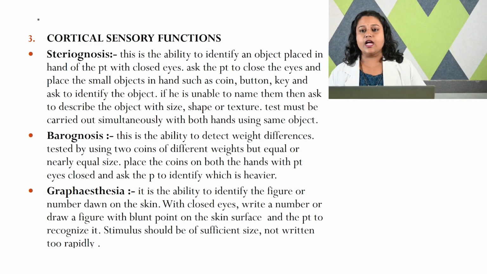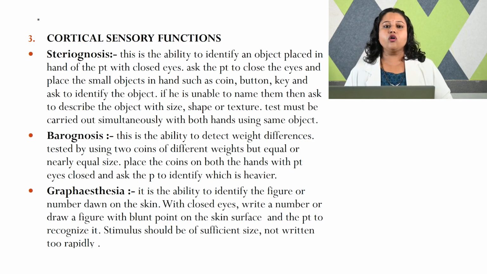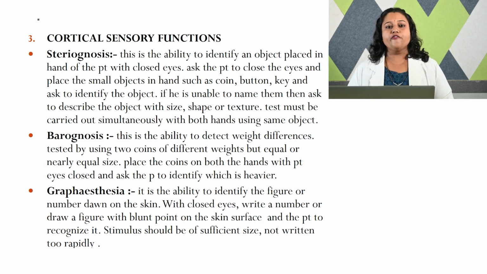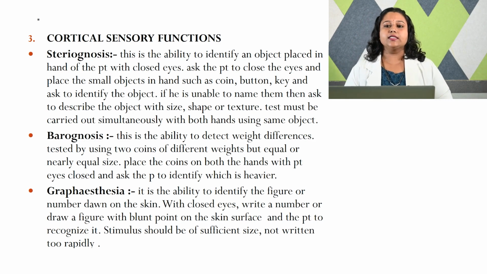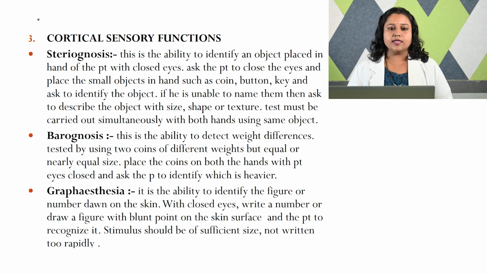The third test is graphesthesia. It is the ability to identify a figure or number drawn on the skin with closed eyes. Write a number or draw a figure with a blunt point on the skin surface and the patient has to recognize it. The stimulus should be of sufficient size and not written too rapidly.